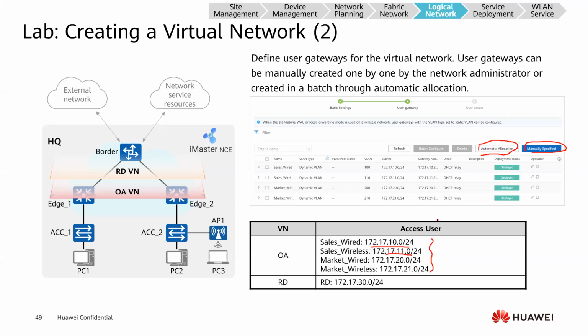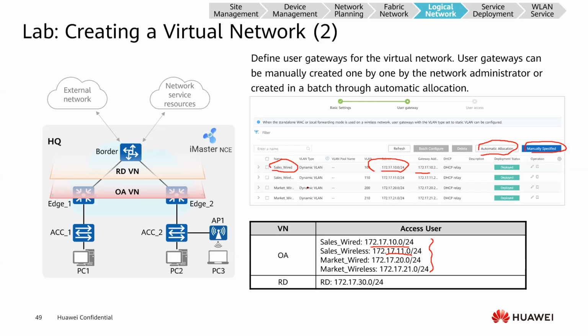For the automatic mode, you just create the specific users with a subnet segment and do not tell the controller what the gateway is, and it will just choose one IP address from the segment as the gateway. So this means automatic allocation, and you can manually choose one specific IP address as the gateway. That means manually specifying the user's gateway.